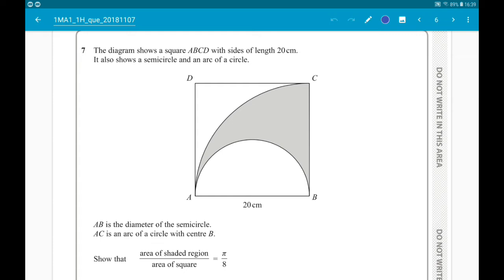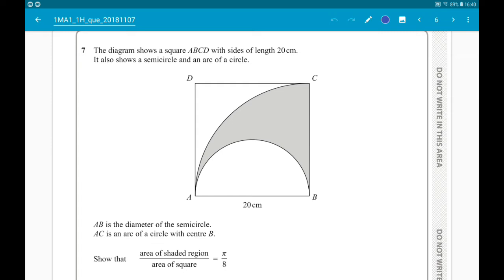We want to show that the area of the shaded region over the area of the square is pi over 8. Okay, so we're going to need to work out 3 areas. The area of the square, area of the semicircle, and the area of the quarter circle.